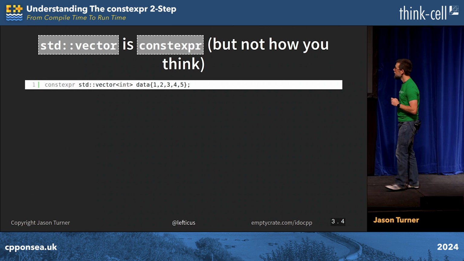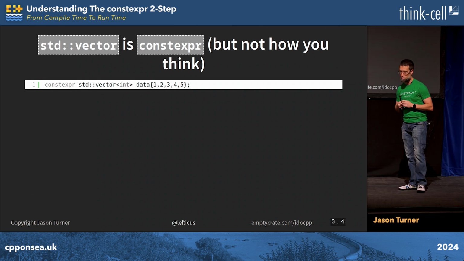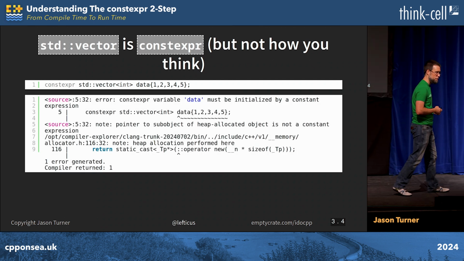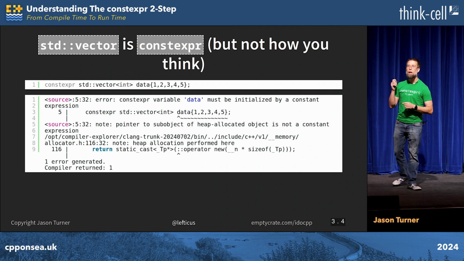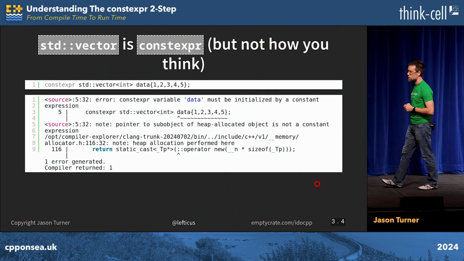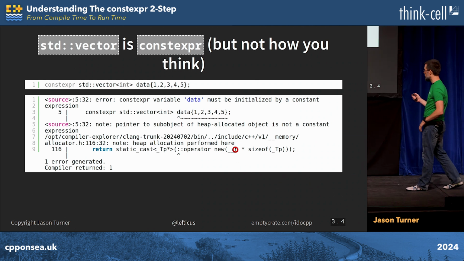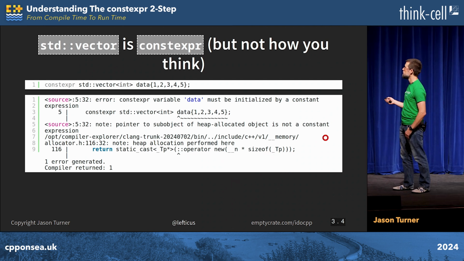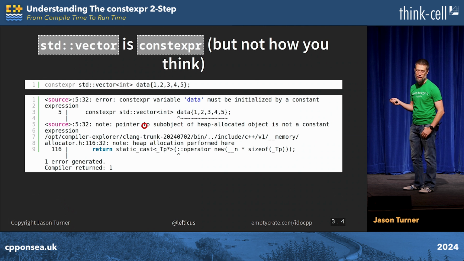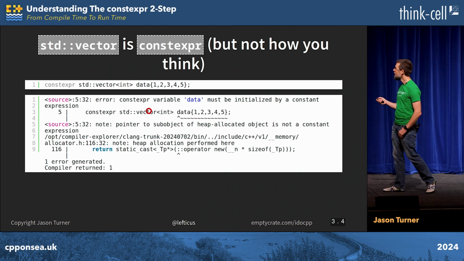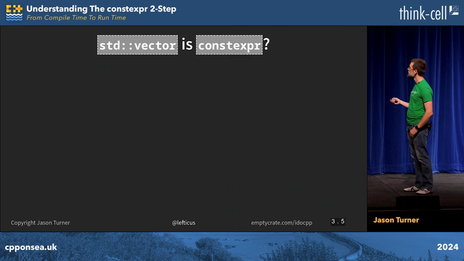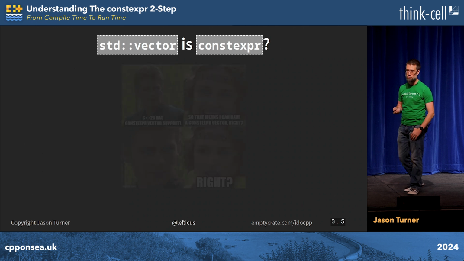Okay, so vector is constexpr, but not how you expect it to be, basically. If I try to compile this, then I get this error, which, if you were watching Dave's talk about 50 pages of compiler errors, we will dig into this: pointer to sub-object of heap allocated object is not a constant expression.